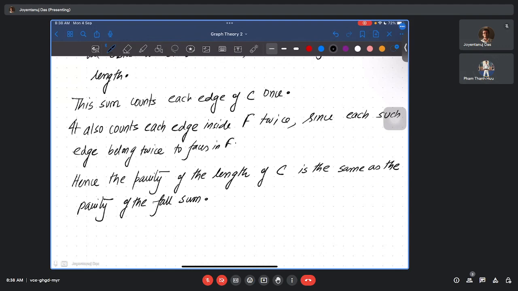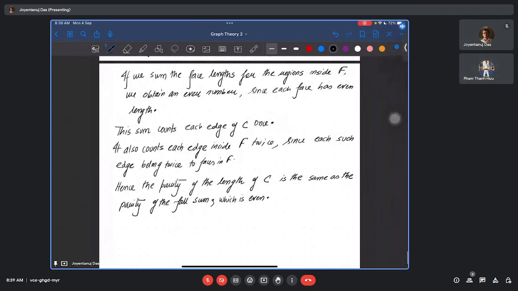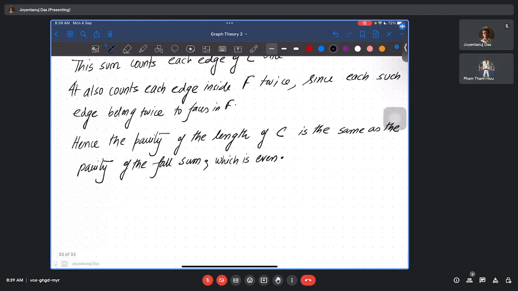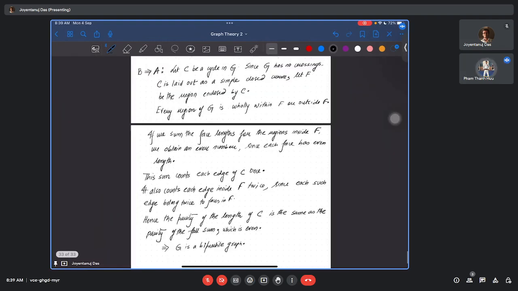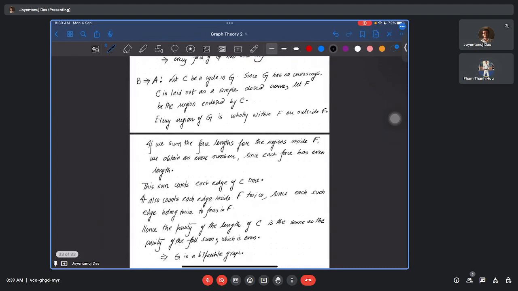So whether the length of the cycle is even or odd only depends on, and will match, the total sum of the lengths, which is even. So every cycle has even length. So we can conclude that it has to be bipartite, right? Because that is the property of bipartite graphs. So this implies G is bipartite. So this proves A, right? B implies A, we proved, right?